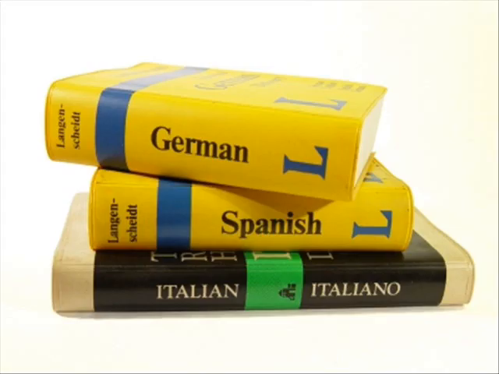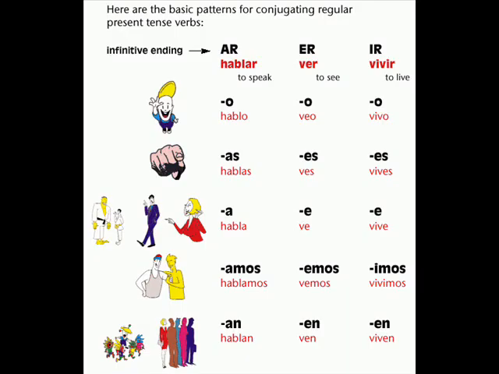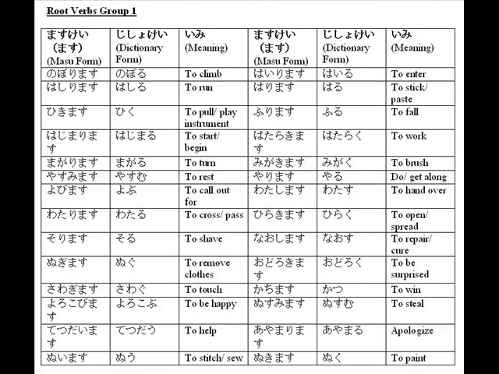If you study other languages other than English, you'll see the same pattern in verbs, like in Spanish or Japanese even. You'll have a verb stem, and then you'll have to add an ending onto it to say when it happens.